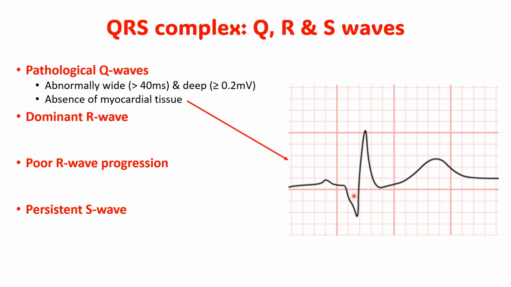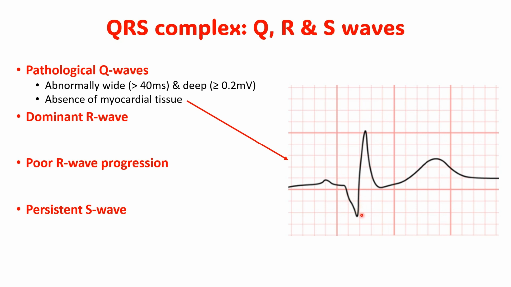We get these pathological Q waves because we have a lack of conduction due to the presence of infarcted myocardial tissue. The infarcted myocardial tissue isn't going to conduct, hence the increase in time and depth also.